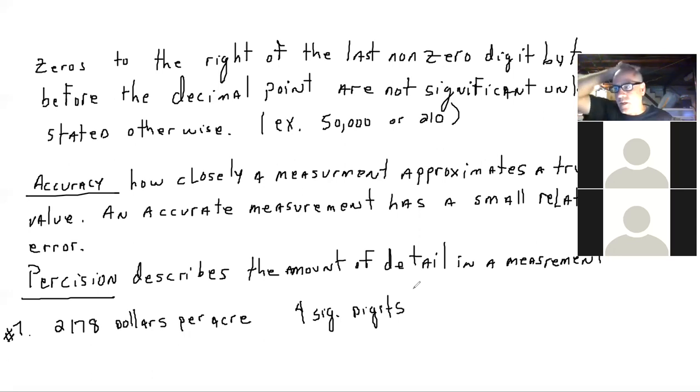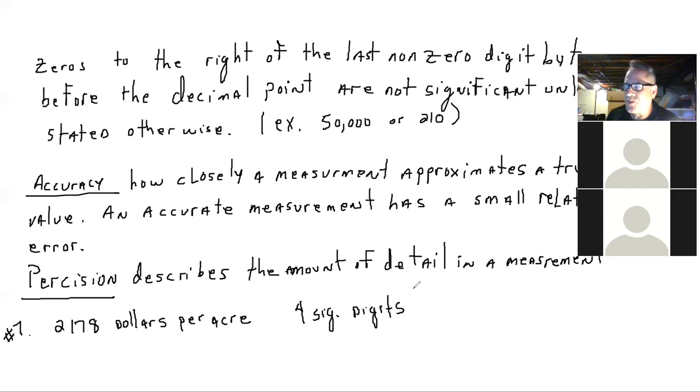Now, on the precision part, the question asks, what is the implied precision of the number $2,178 per acre. You're given 4 choices, multiple choice. And so I'm just going to read through the 4 choices real quick. The number is precise to the nearest dollar per acre.